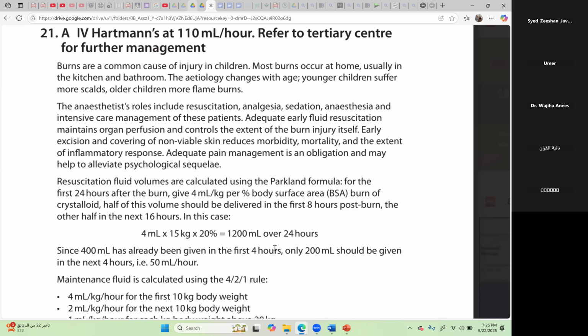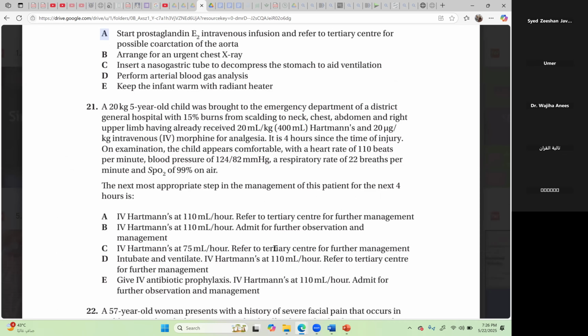Okay. Because we have already seen the answer, let's see the other options first. Give antibiotic prophylaxis, IV Hartmann's at 110, admit for further observation. This is not admission; the scenario is a general hospital, and this needs a specialized hospital. Next, intubate and ventilate, IV, refer to tertiary care.